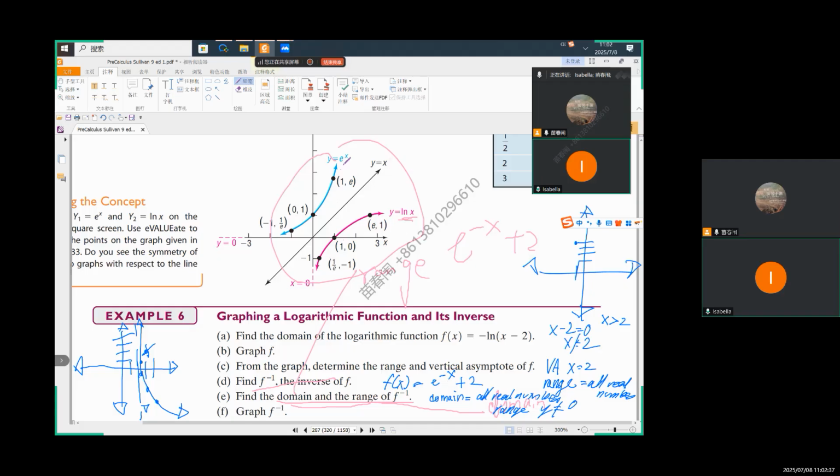And then, oh, you can actually use the inverse function rule, symmetrical with y equals x, because you have it here. Oh, okay. So then it would be symmetrical by like y equals x.